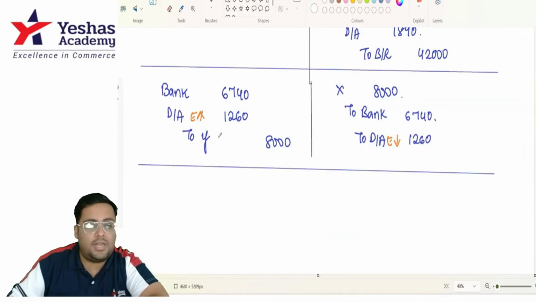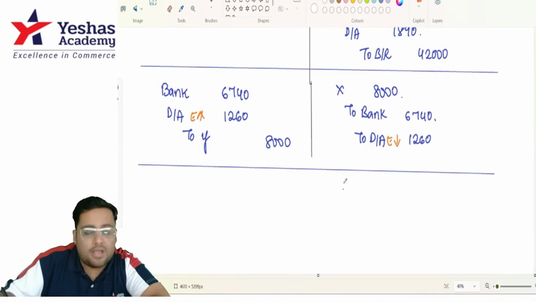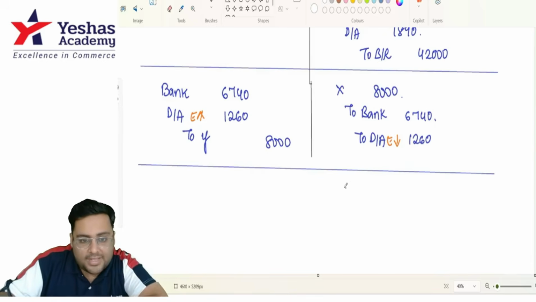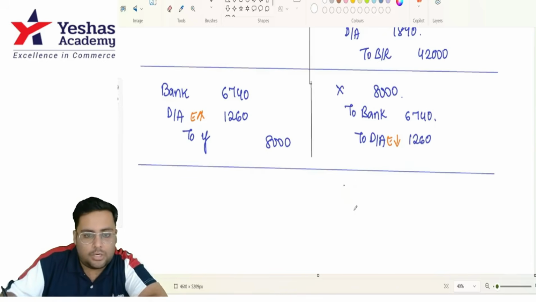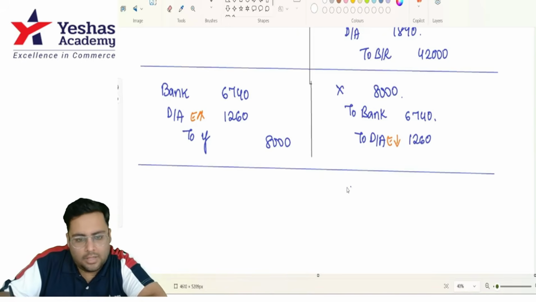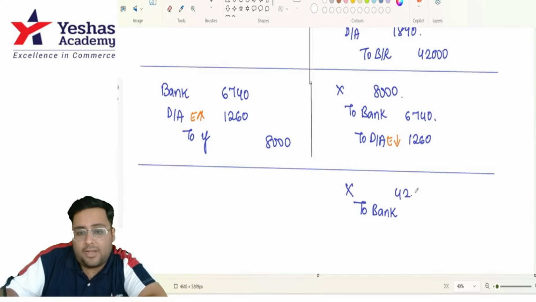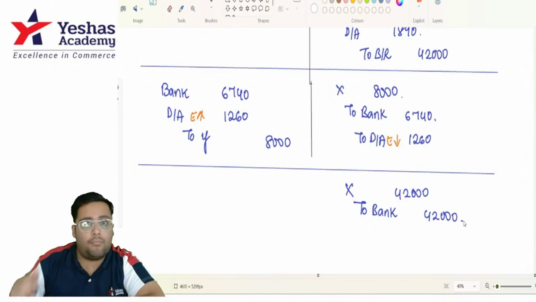What will be the journal entry here in the books of X and Y? In the books of Y, he paid money to banker on behalf of X. X account debit to bank account. How much money will be paid to the banker? 42,000 on behalf of both of them.